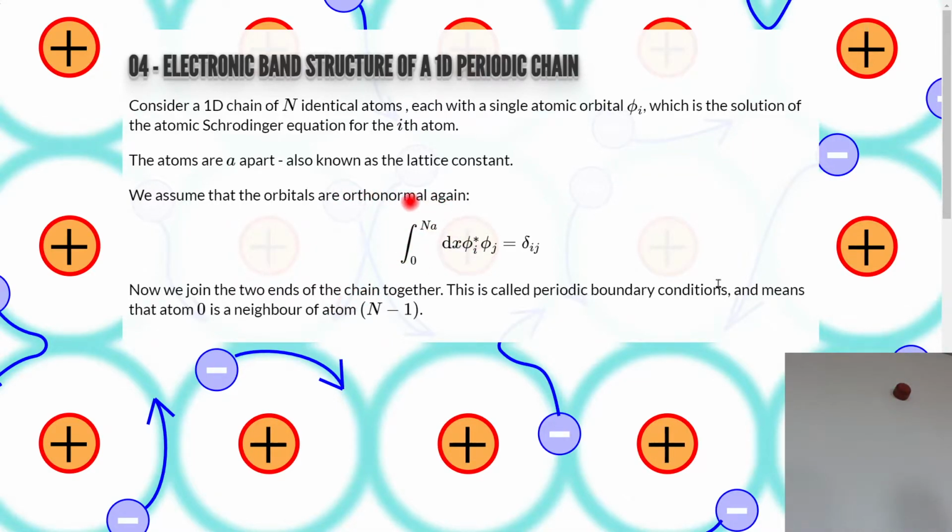This expression is orthonormal. What it means is I've got an atomic orbital I on atom I, and an atomic orbital on another atom. If I do this integral over the pair of the functions, I get 1 if they're on the same atom, I get 0 if they're on different atoms. We had this last week, and we used it in our simplification of the Schrödinger equation.